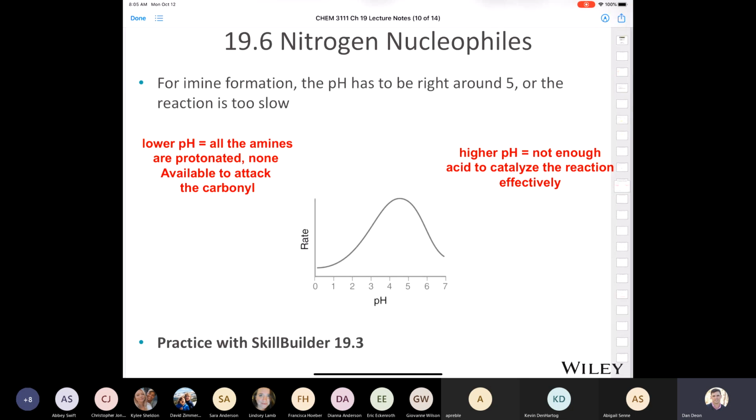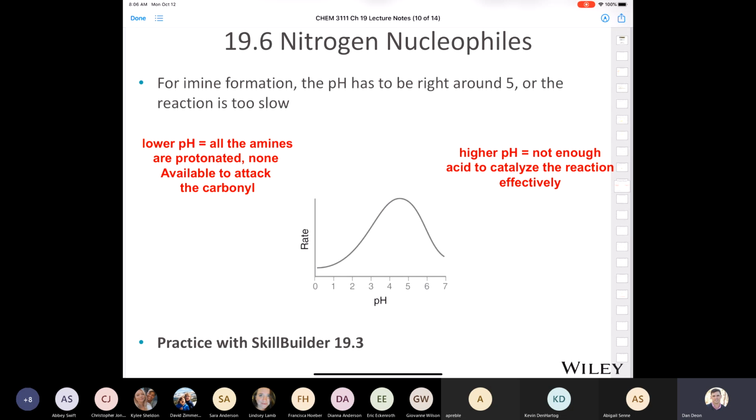Of course, if you're at a lower, more acidic pH, then all the amines are going to be protonated, and you're only going to have ammonium ions. You won't have any amine left at all to attack the carbonyl. That's not really helpful. And if you're at a higher pH, it's not going to be acidic enough to catalyze the reaction effectively. And so again, you have to monitor the pH of these reactions very carefully.